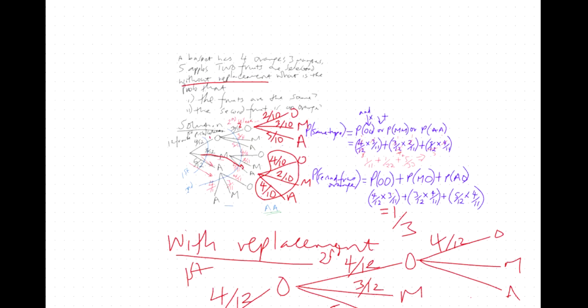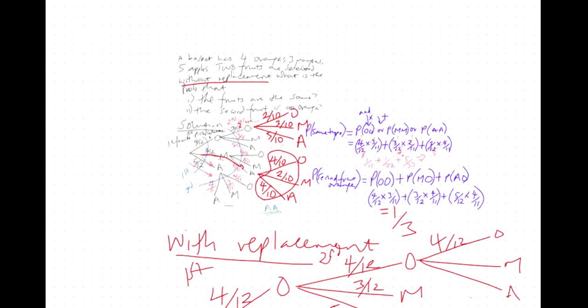But here we only took AO 5 over 12 times 4 over 11. Are you getting? 5 over 12 times 4 over 11. We did not add like AOA.